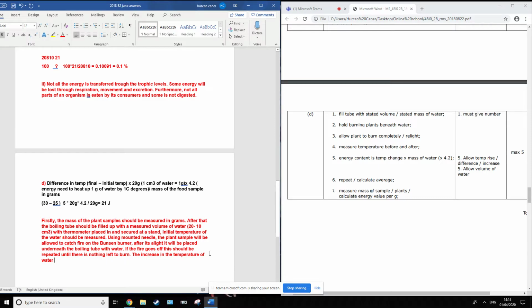The increase in temperature of the water should be calculated after burning the sample.